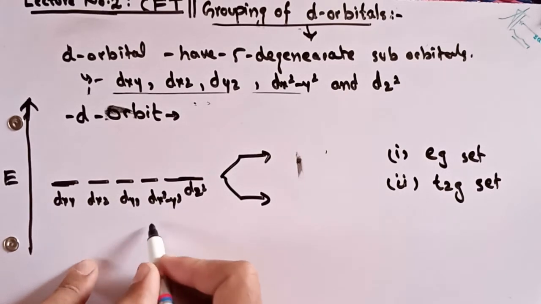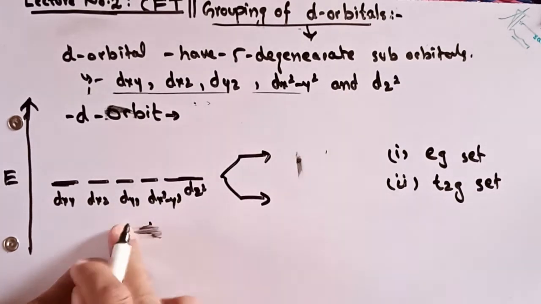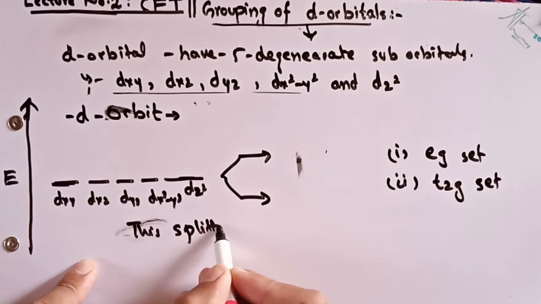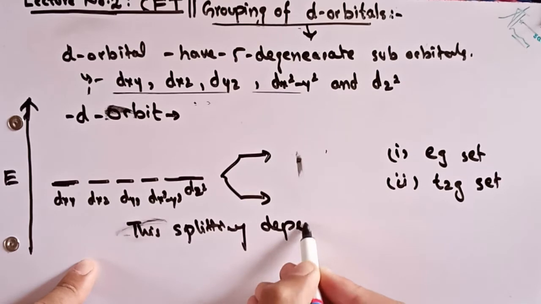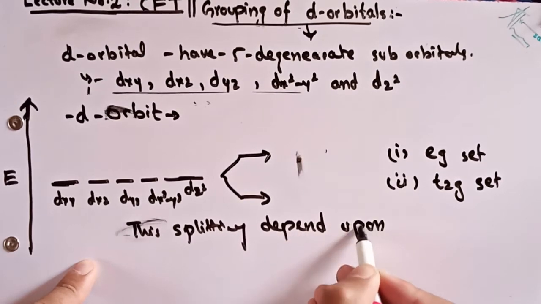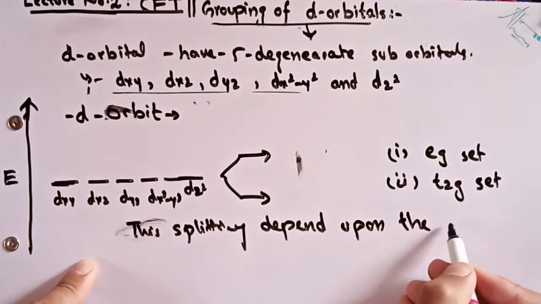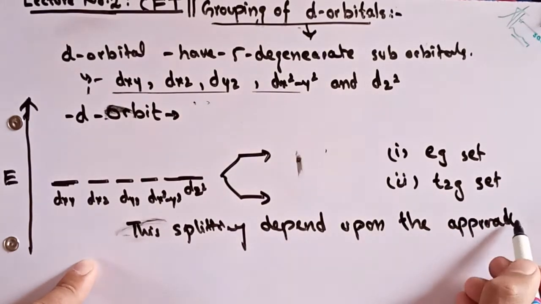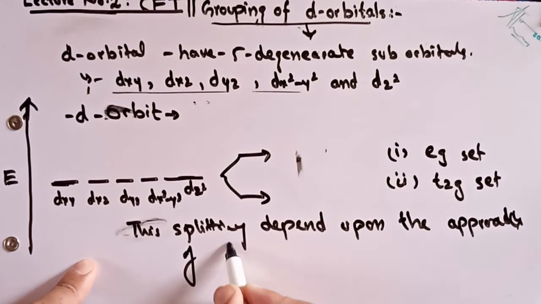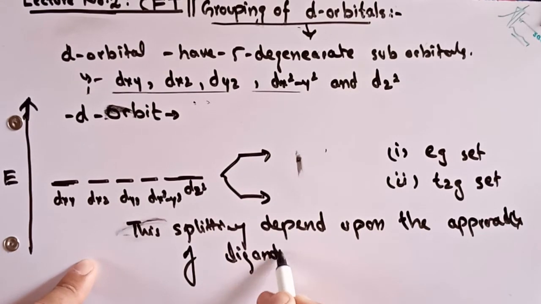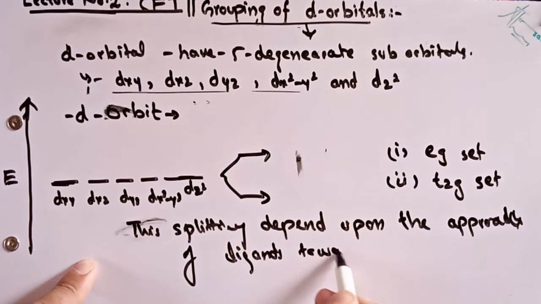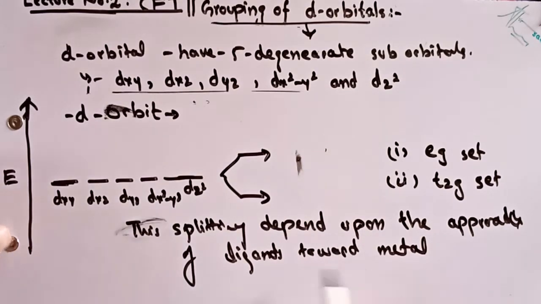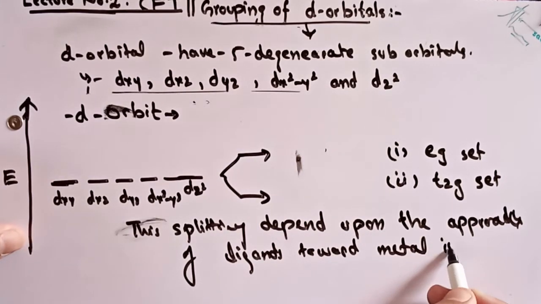This grouping depends upon the splitting, and this splitting depends upon the approach of ligands toward the metal.